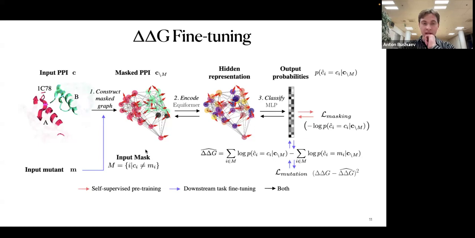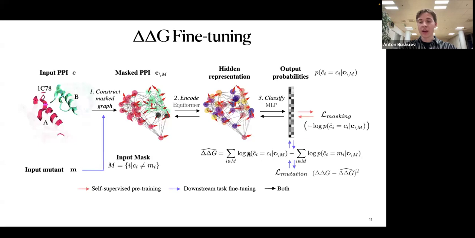And what is important is that now we do not mutate random amino acids in the structure as was done during pre-training, but we mask exactly the positions which we are interested in, so the ones which are mutated. And then again, we predict the probabilities. And intuitively speaking, now we can reason that if the model predicted higher probability for the mutated amino acids, then they are more likely, and it means that they may be better for the interaction. So the binding energy may be lower or better.